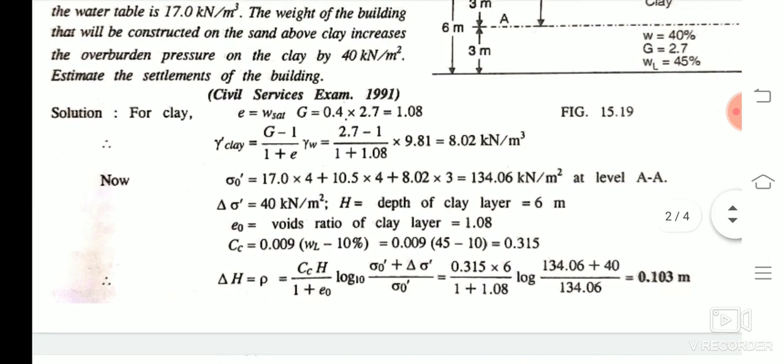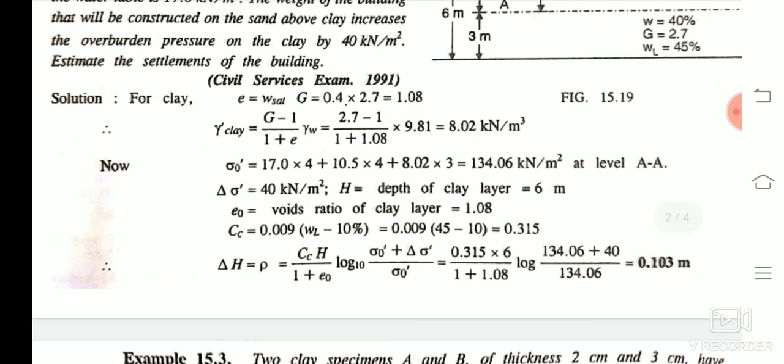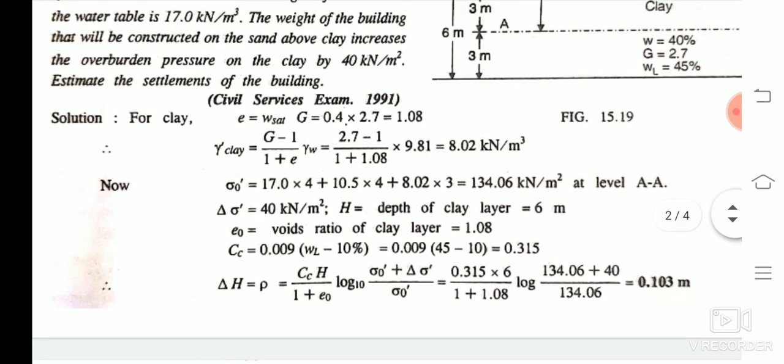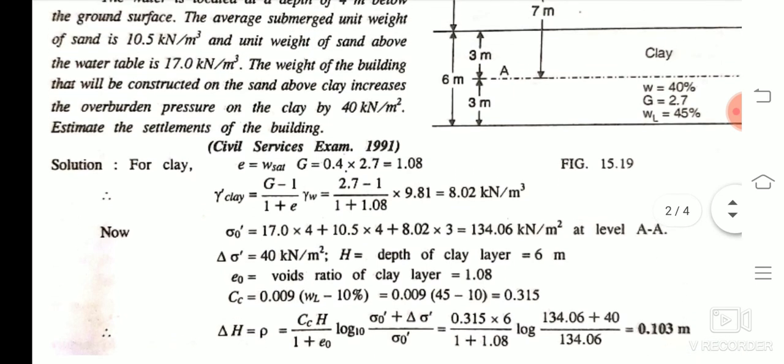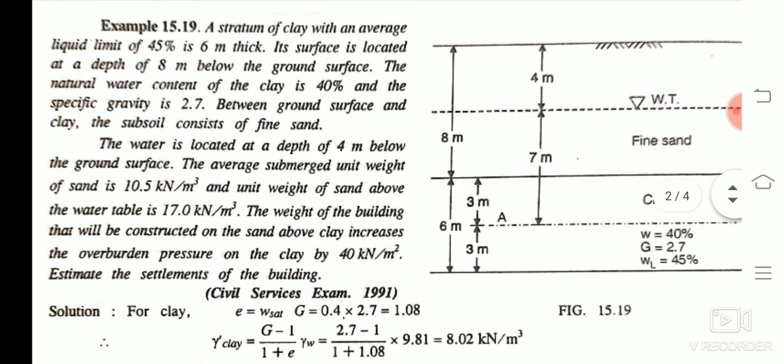Substituting all these values into the equation, delta H = Cc × H by (1 plus e naught) × log base 10 of (sigma naught plus delta sigma) by sigma naught, we get the value of the settlement as 0.103 or 103 millimeter. So this is the second numerical based on consolidation settlement.